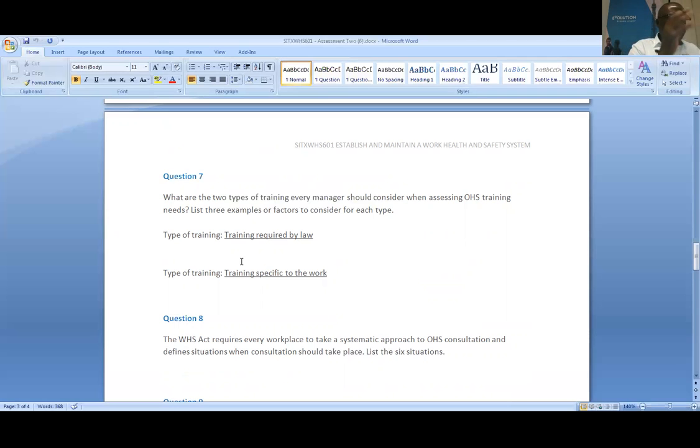So you have the regulated training that an organization must have in place, and then you have other training that is specific to the work. If you're a mechanic, or you work in a manufacturing environment or in the food industry, what sort of training would you get regarding work, health, and safety in your job?